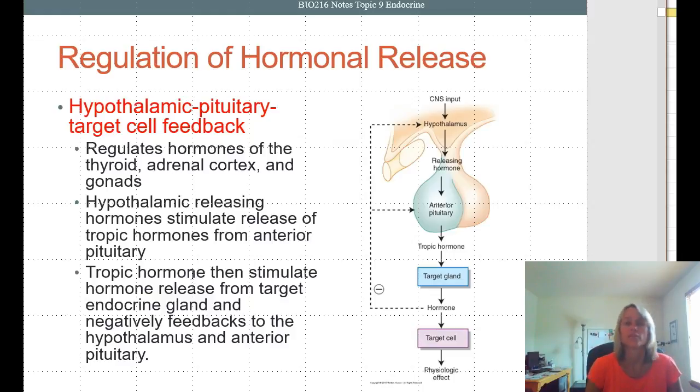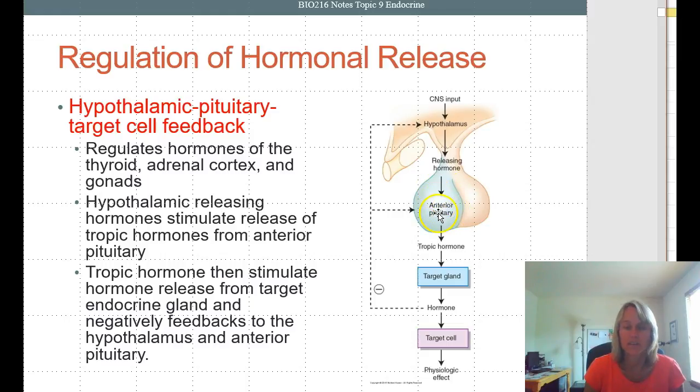Many hormones are also regulated by the hypothalamic pituitary target cell feedback system. And this is important for the regulation of hormones from the thyroid gland, the adrenal cortex, as well as the gonads. And here we have the hypothalamus releasing hormones that act on the anterior pituitary.